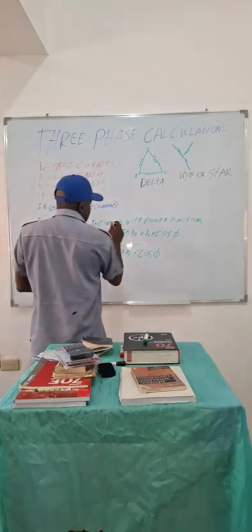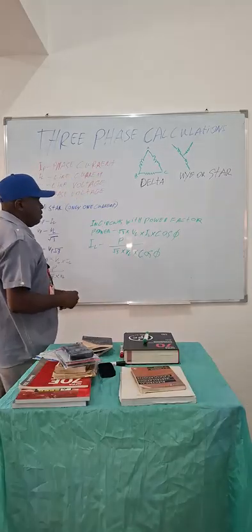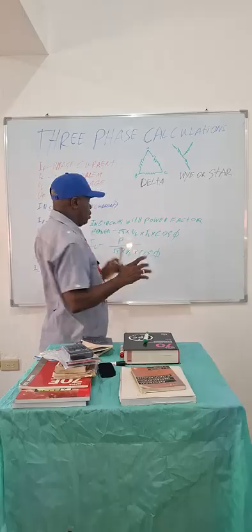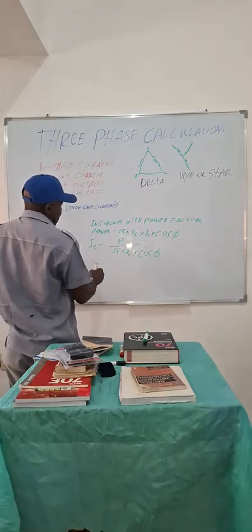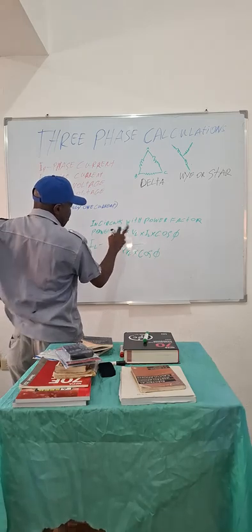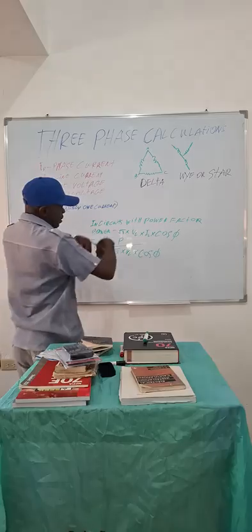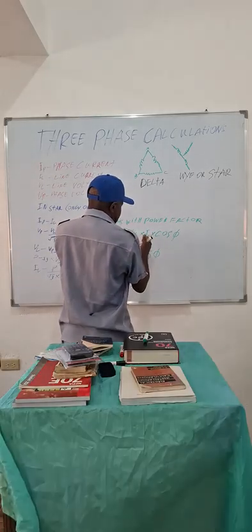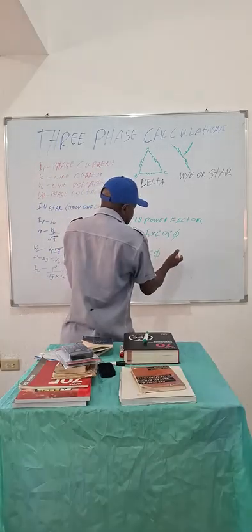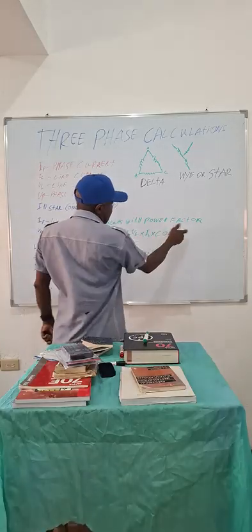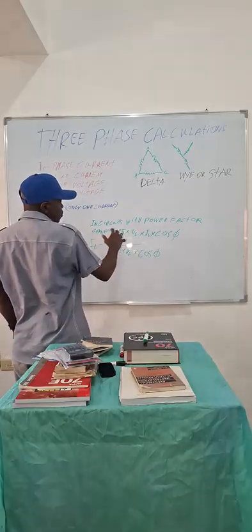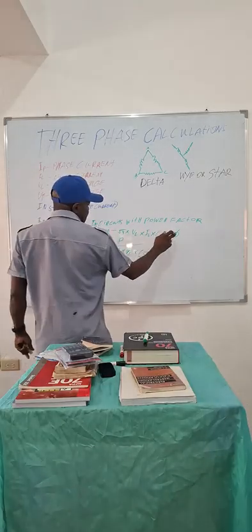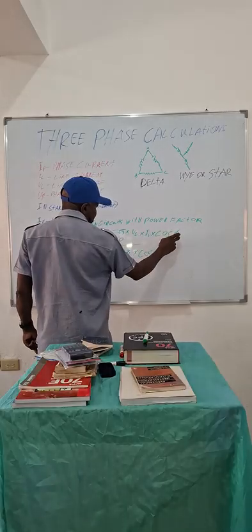Then we have circuits with power factor. What we have there is power equals root 3, which is 1.732, times the line voltage, times the line current, times the cosine of the angle. This is a circuit with power factor, so you have to put in the cosine of the angle here.